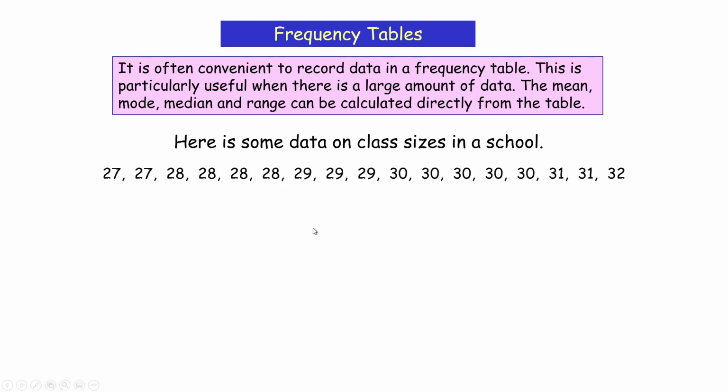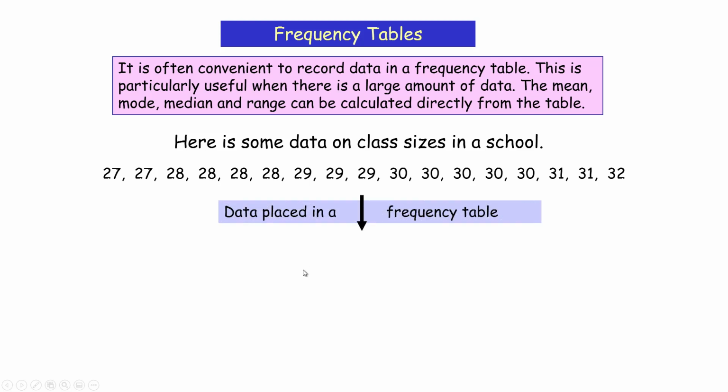So here's some data on class sizes in the school. So there are 2 classes that have 27 pupils, 4 with 28, 3 with 29, and so on. Now we can add them all together and divide by how many there are, and that'll give us the mean. We can work out the median, middle number, most common, the mode, and the range, the difference between the biggest and the smallest.